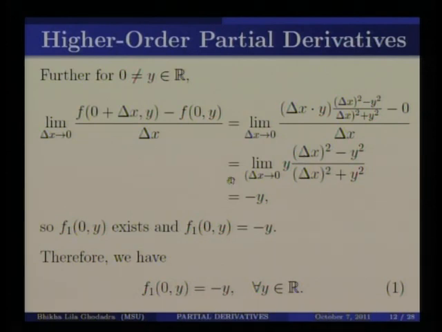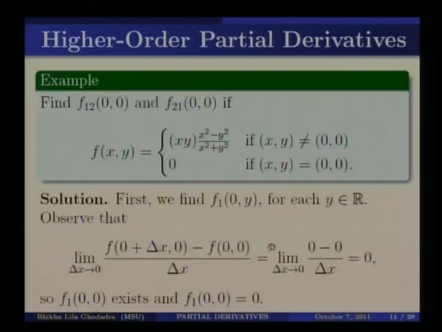Now in this expression, if we put delta x equal to 0, we have no problem, because it is a rational function and the denominator doesn't become 0. So putting delta x equal to 0, we get y into minus y squared upon y squared, and y squared cancels, giving the result minus y. That means this limit exists and its value is minus y for any non-zero y, and therefore the first partial derivative f1 at (0, y) exists and its value is minus y.